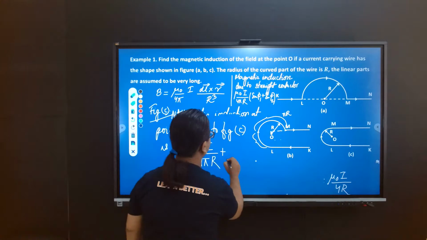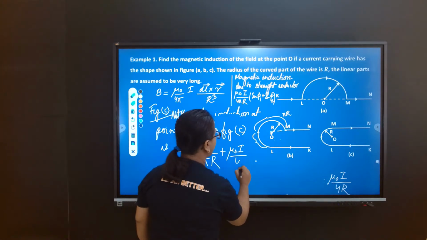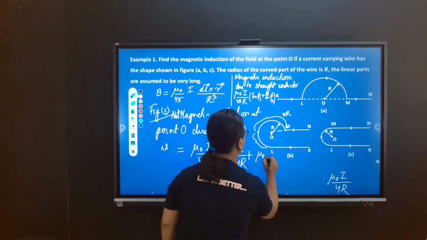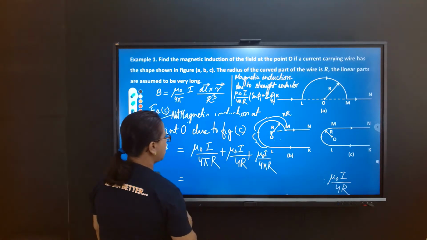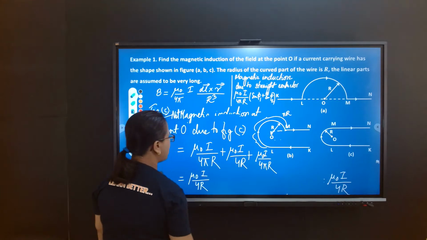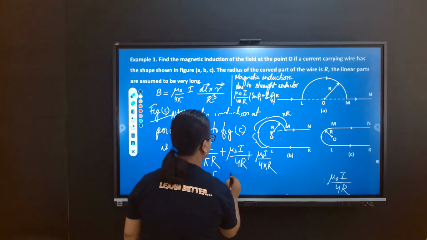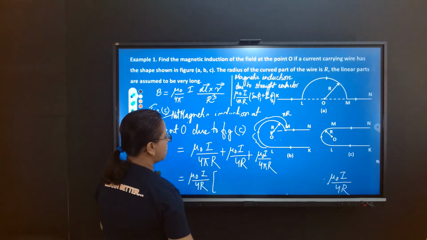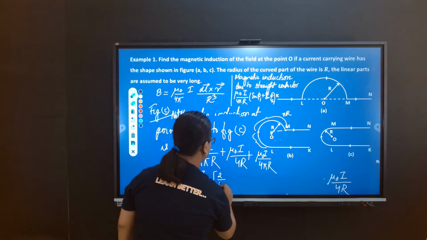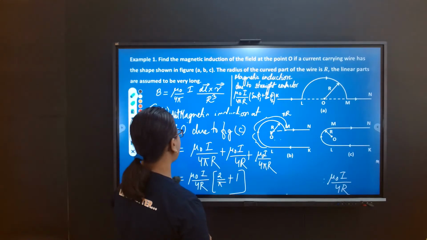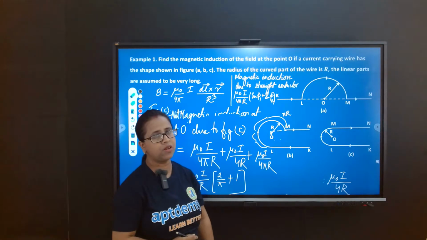For the second one, we have it as mu naught I by 4 r. This is the circular part. And for the third part, again, it's a repetition of the first one. We have mu naught I by 4 pi r. So ultimately, we get it as mu naught I by 4 r taken as common. We are left with 1 by pi plus 1 by pi, that's 2 by pi, plus we have a 1 coming up. So this is the net magnetic induction at point O due to the figure C.